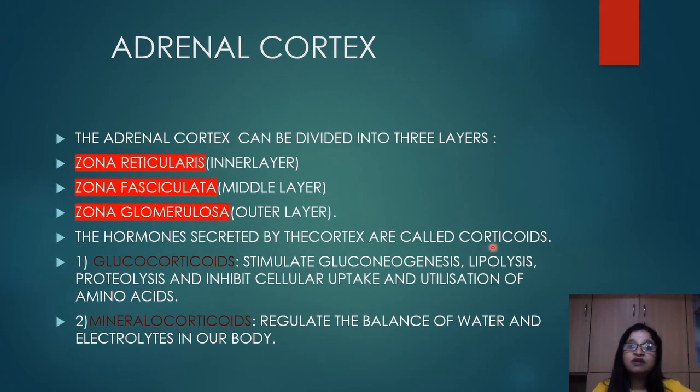Now there are two varieties of corticoids secreted in the human body. One is the glucocorticoids and the other is the mineralocorticoids. The glucocorticoids, the name itself is suggestive, have something to do with blood glucose levels or your sugar.